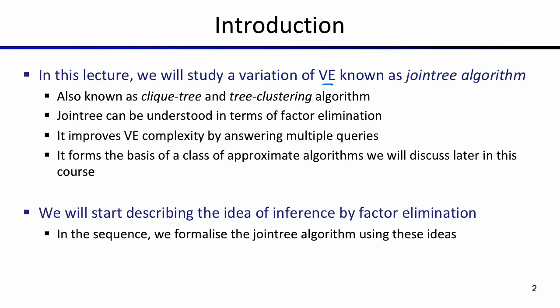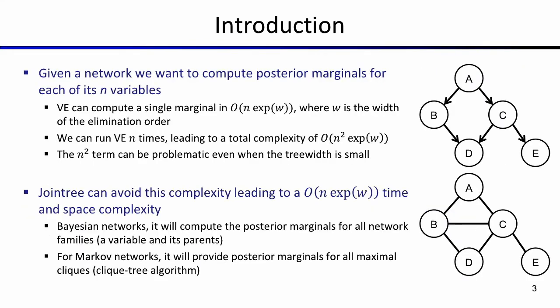So let's suppose that we have a network and we want to compute some posterior marginals for each of its n variables. Something that we can do is to run the variable elimination algorithm multiple times. We know that if you run variable elimination just once, the complexity is going to be n times exponential over w, where w is the width of the elimination order.